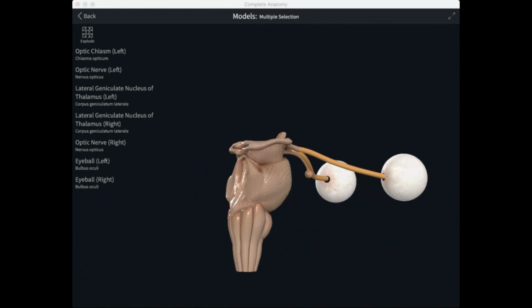Now you have to understand one small thing. Let me draw a small diagram so that you will be able to understand the optic tract. This is the right eyeball, and this is the left eyeball. This is the right optic nerve coming to the optic chiasma, and from there it is going to the opposite side.